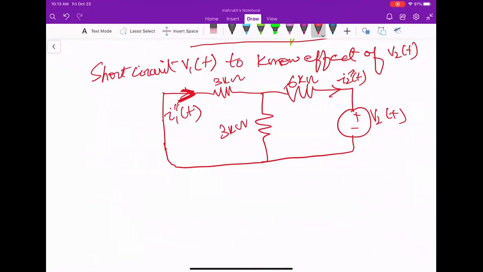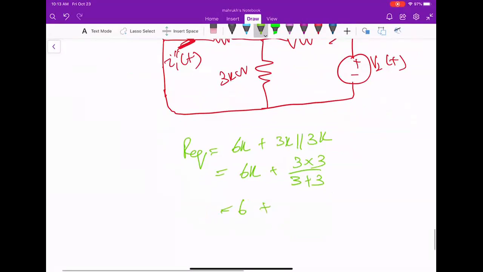If I use the same formula as before and find the equivalent resistance, it will be 6K plus 3K in parallel with 3K, which will make it 7.5K.